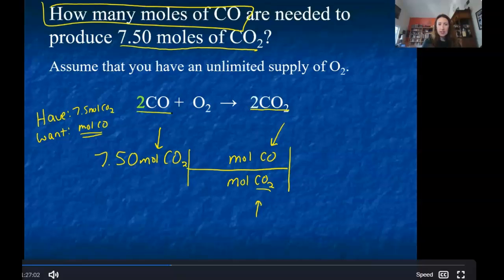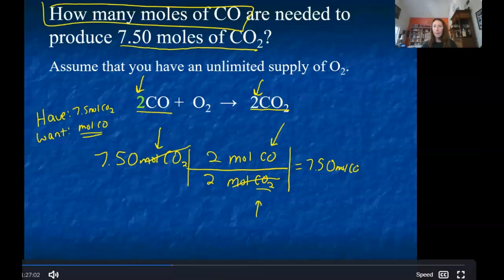There is. There's 2 CO2s to 2 COs, and then our units cross off, and we end up with 7.50 moles of CO, right? Okay, so let's do that all neater.